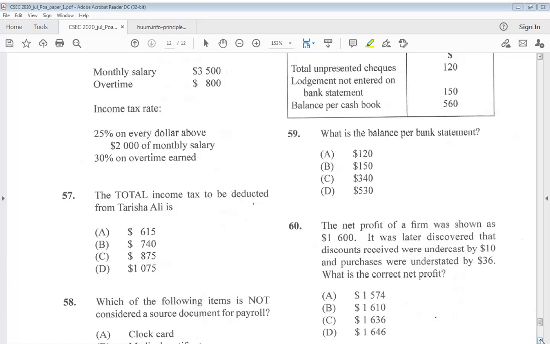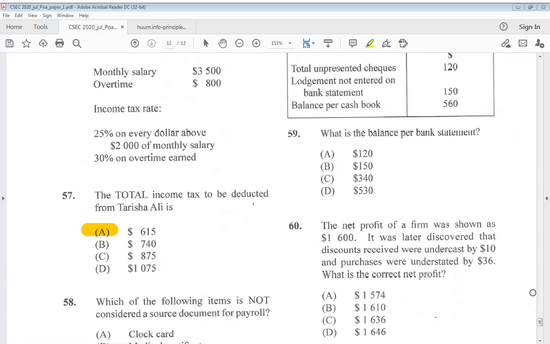Now there are some additions that we are going to do. It says 30% on overtime earned. So 30% of $800 overtime, that's a total of $240. So we simply combine the two figures, 375 and 240, and we get $615. So that's the total income tax that was deducted. A.